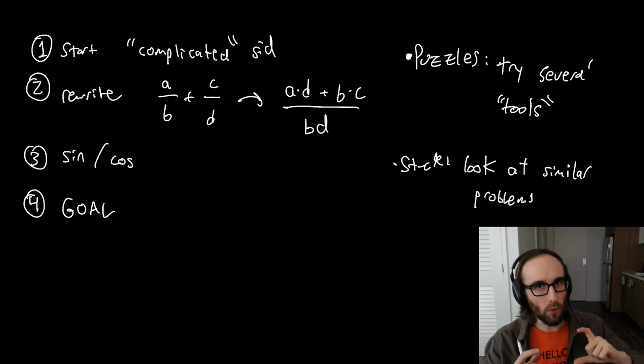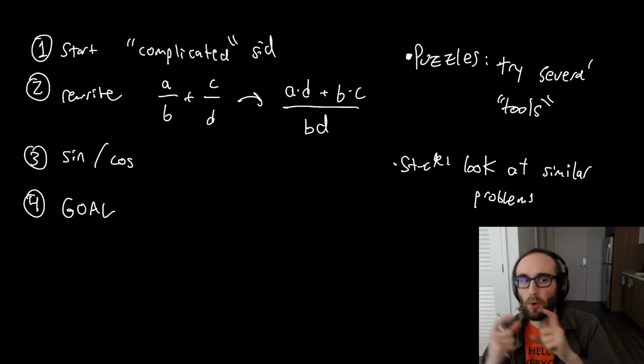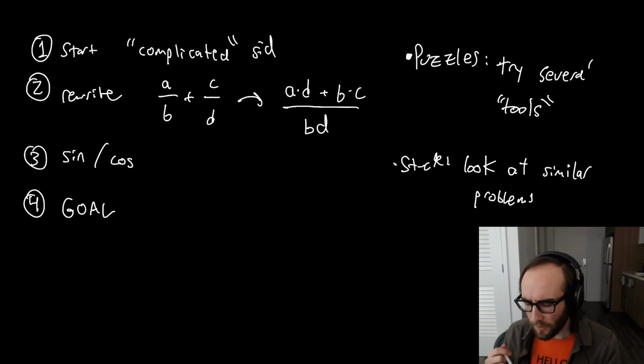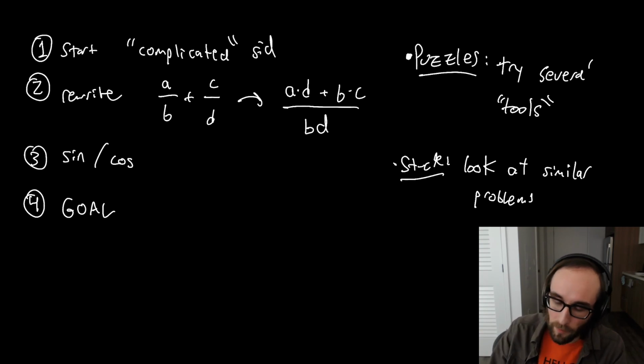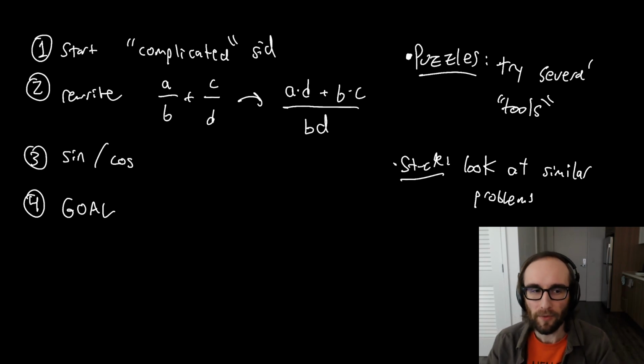And that can give you a clue as to what to do for that step in order to progress in the puzzle. So definitely look at similar problems if you ever get stuck at certain points. If you're stuck, it might also be worth it to look back and see if there's a different tool you could use or a different identity you could use to help simplify.